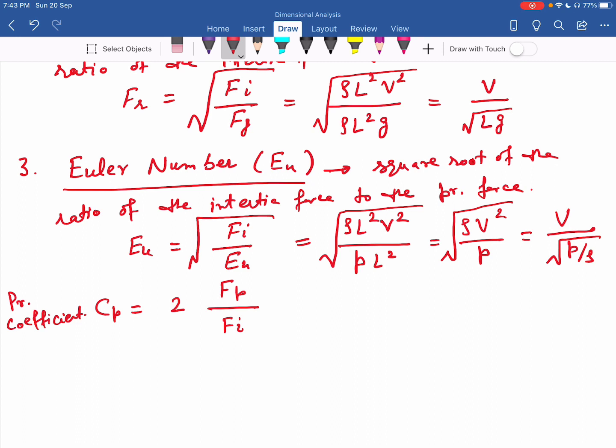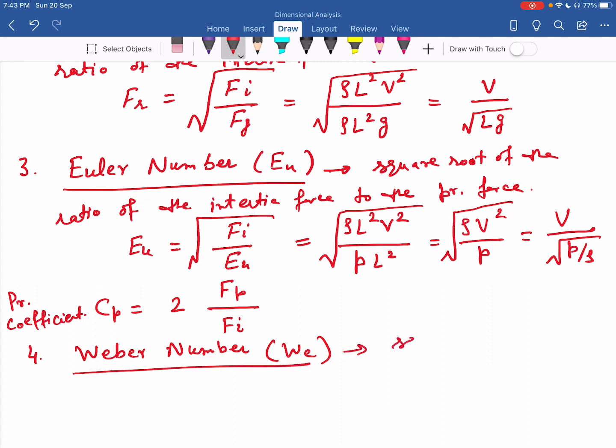Now another dimensionless number is Weber number. The symbol is We, and it is defined as the square root of the ratio of the inertia force to the surface tension force.